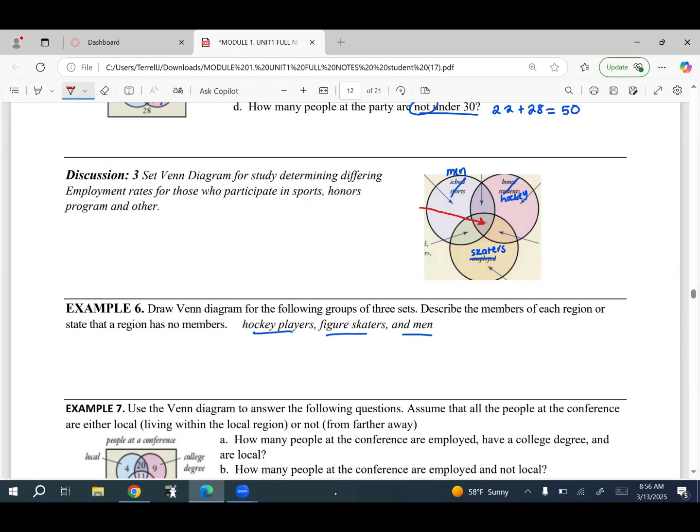This is where all 3 sets overlap. What that means is we're talking about men that play hockey and also figure skate. So I'd write, men that play hockey and figure skate.